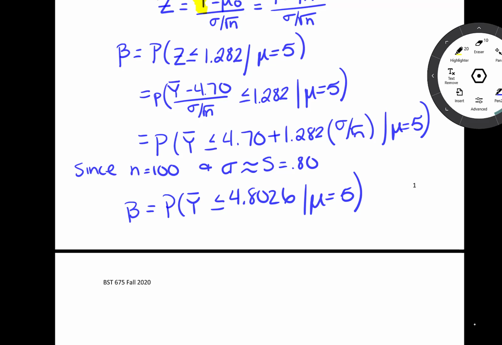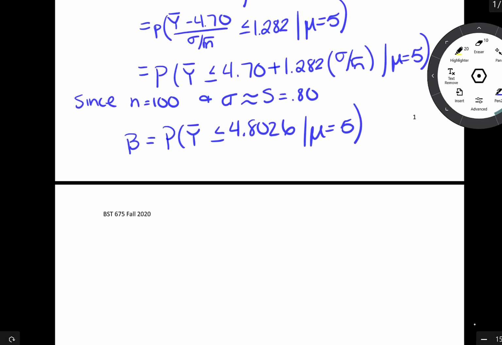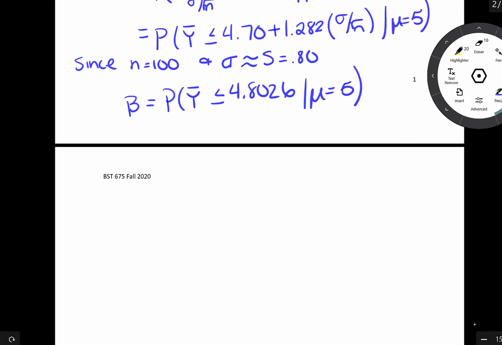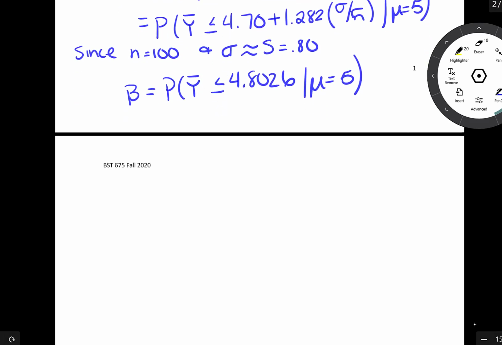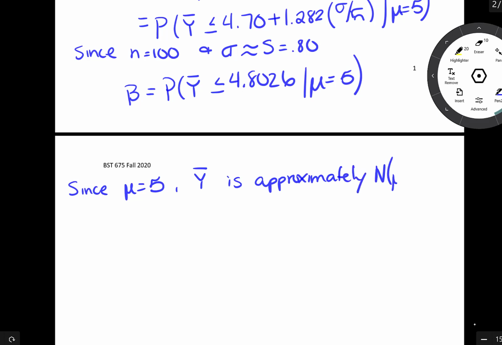This is a probability that we can find. Given that mu is equal to 5, we have the following. We know that y bar is going to be approximately normal with mean equal to 5 and variance equal to sigma squared over n.